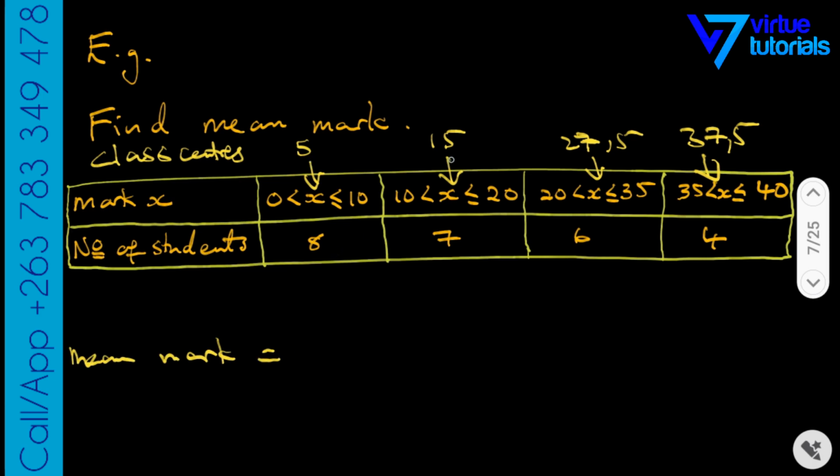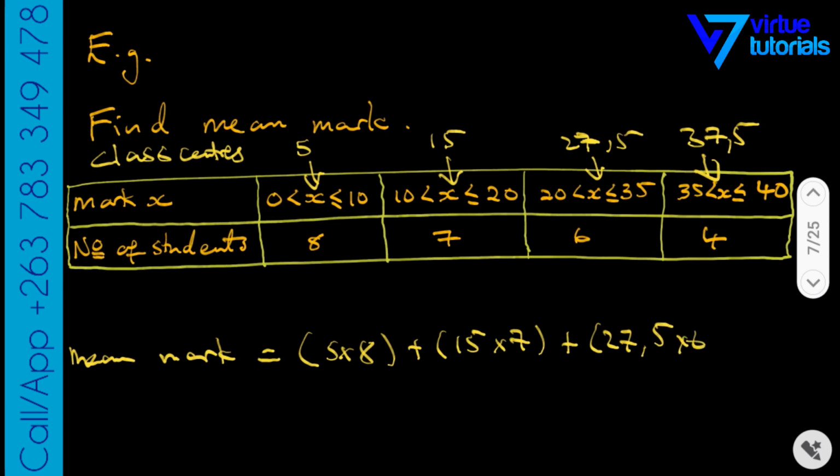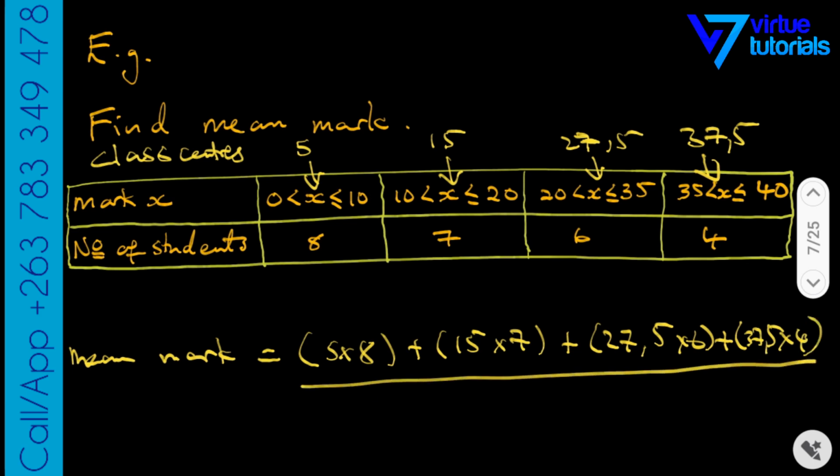Once you've done that, you proceed to your next step, which is class center times frequency. So it's going to be 5 times 8 plus 15 times 7 plus 27.5 times 6 plus 37.5 times 4. And then you divide by the total frequency.